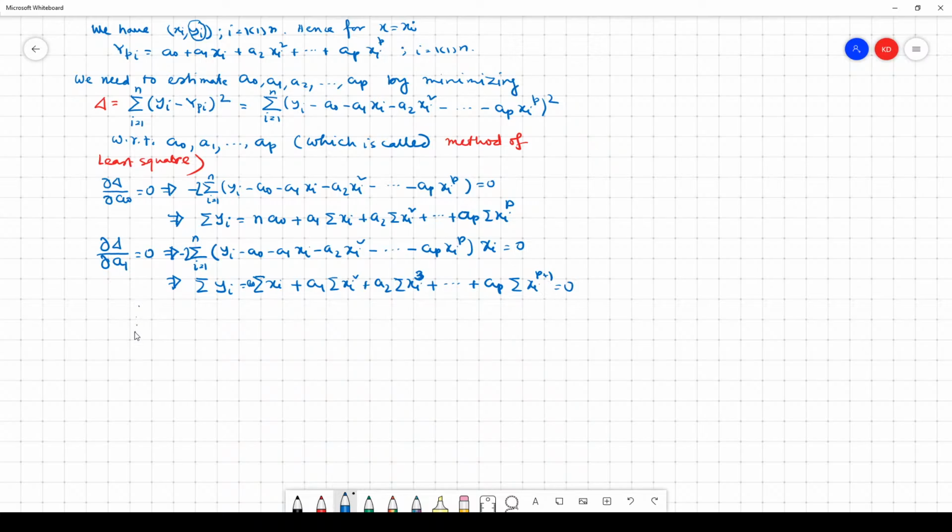So similarly we can get the last normal equation as minus 2 into sum over i from 1 to n of yi minus a naught minus a1 xi minus a2 xi square minus ap xi to the power p, into xi to the power p.